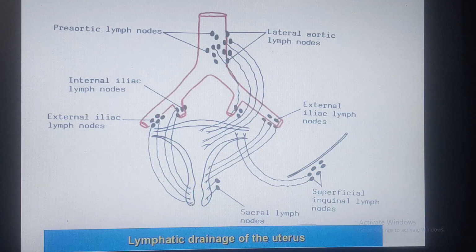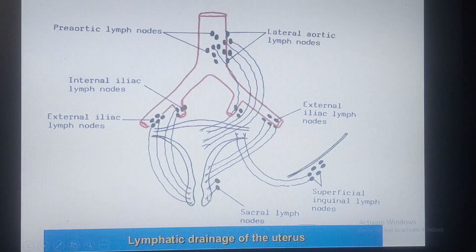Now, regarding the lymphatic drainage, mainly we find the fundic area being drained by the para-aortic group of lymph nodes. Apart from that, the area closer to the interstitial parts of the uterine tube is drained by the superficial group of lymph nodes.